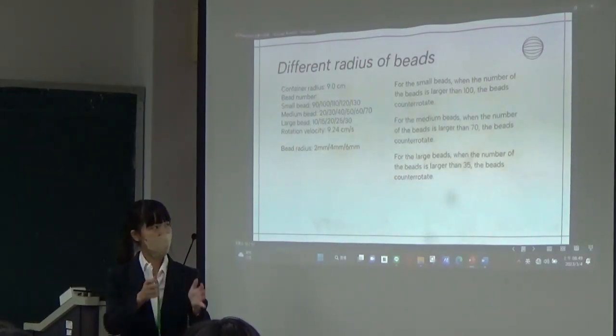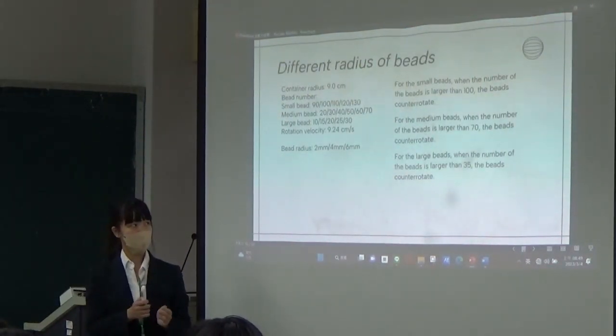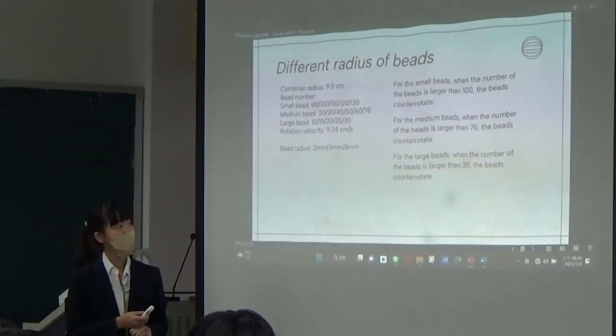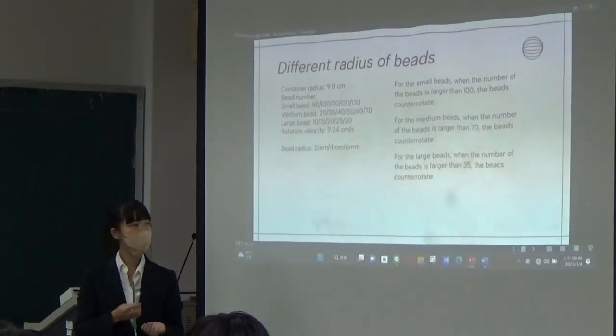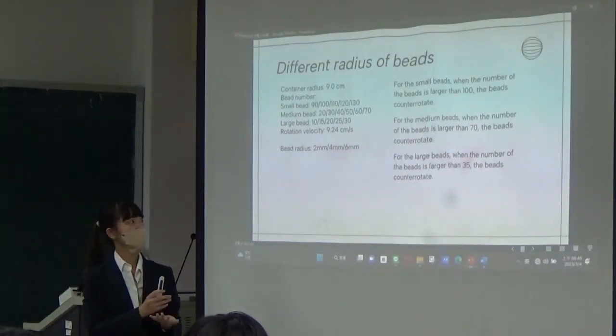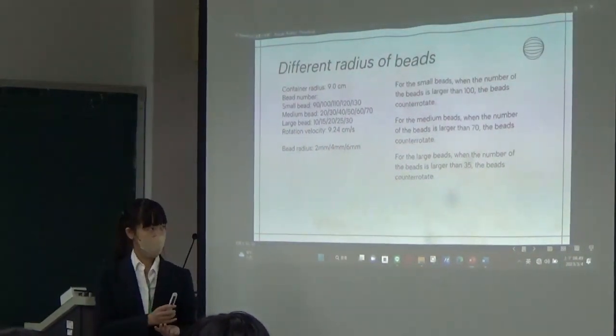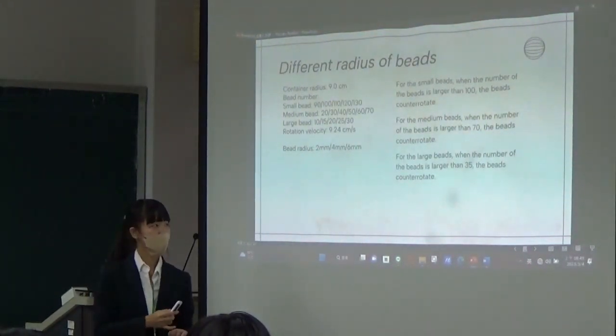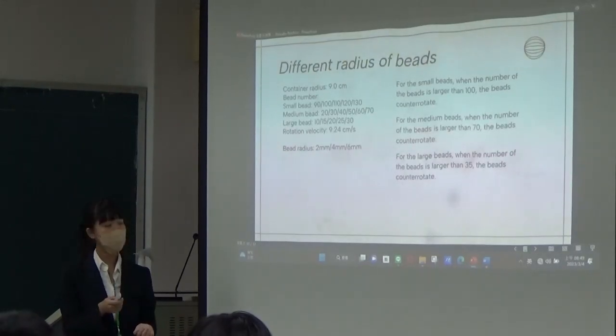For the medium beads, when the number is larger than only 70, the beads will counter-rotate. And for the biggest one, 6 mm, when the number of beads is larger than 35, the beads will counter-rotate.